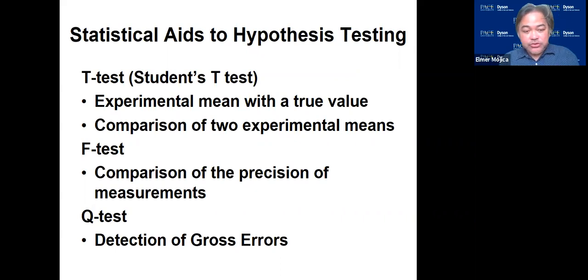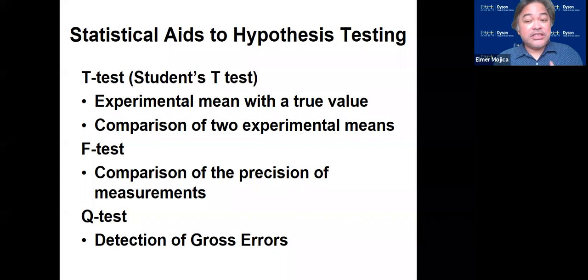It states that two sets of measurements come from populations with the same population mean. So we reject the null hypothesis if there is less than a p equals 5% chance that the two sets of measurements come from populations with the same population mean.